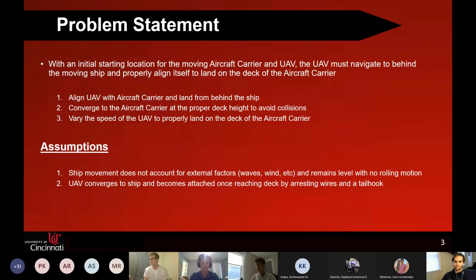We're assuming here that the external factors have a nominal effect on the aircraft carrier's movement, so things like waves and wind don't get in the way of the aircraft carrier moving straight and remaining level. And we're also assuming that once the UAV does land on the aircraft carrier, it will become fully attached.